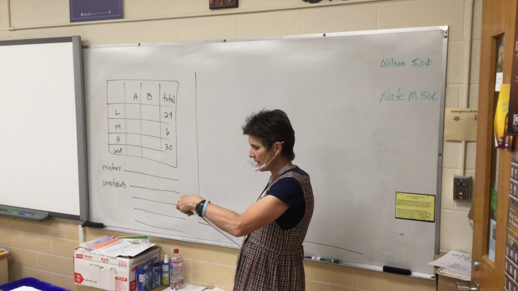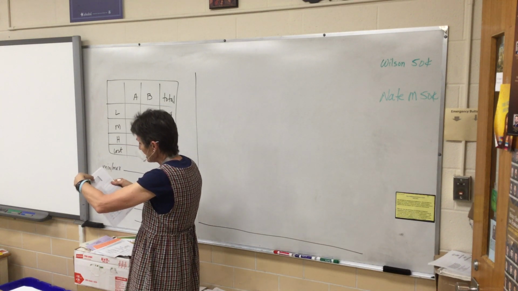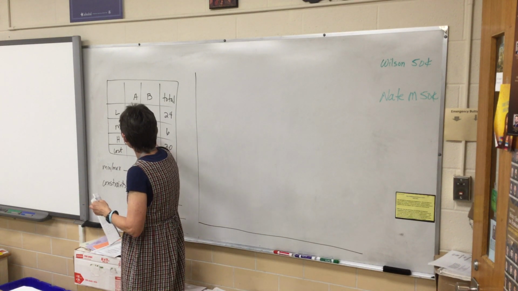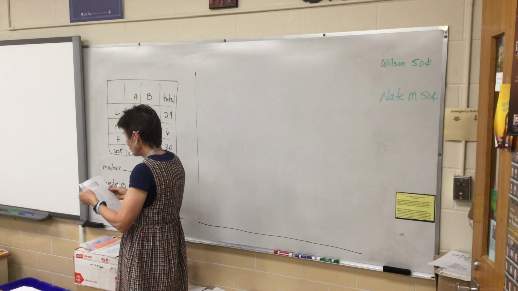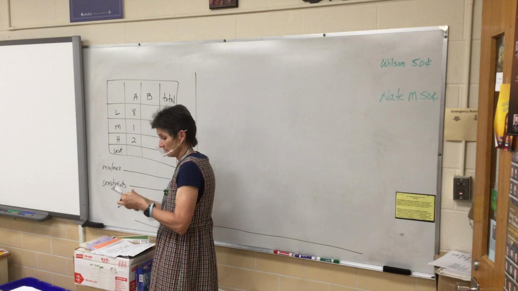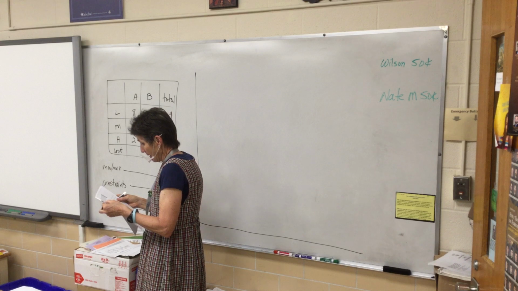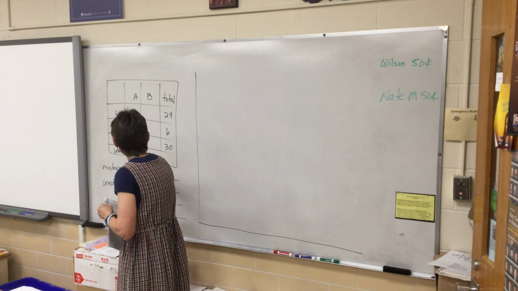All right, factory A, here's factory A. He produces 8 tons of low grade, 1 ton of medium grade, and 2 tons of high grade. It costs $2,000 per day to operate.